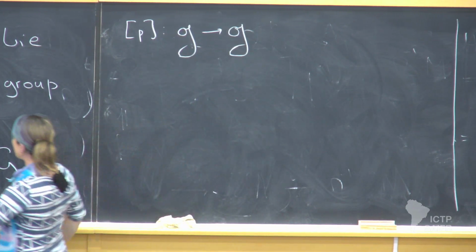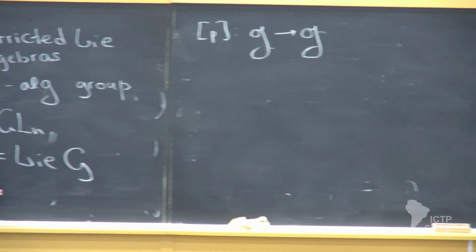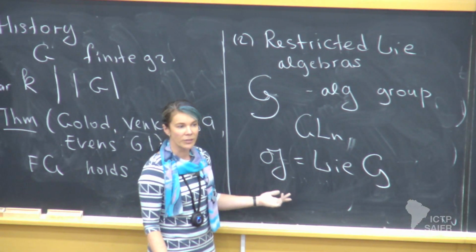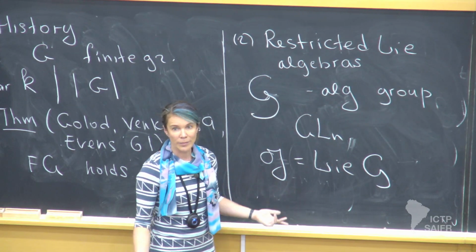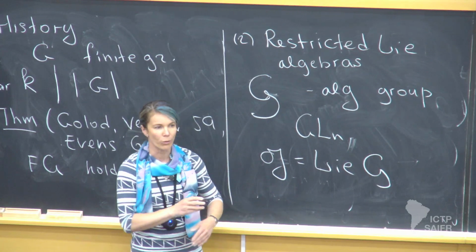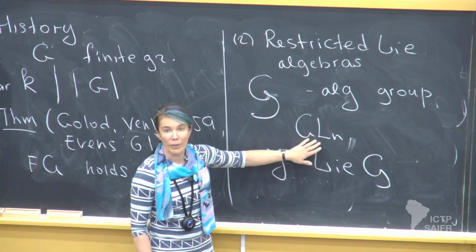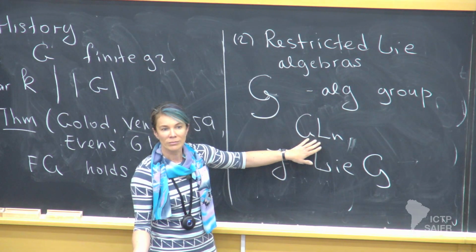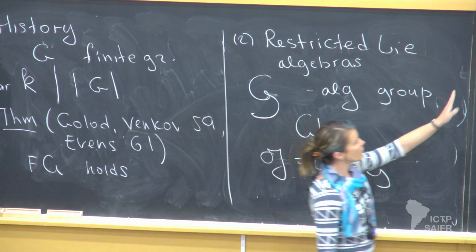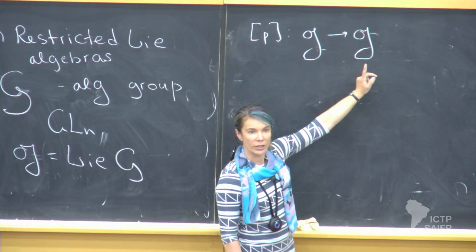It can be defined axiomatically, but basically it tells you that if you have a left invariant derivation and you take the p-th iteration of it, it's a left invariant derivation again. And that's because we're in characteristic p. You're going to take your Newton-Leibniz formula and everything will cancel out. If you're in GL_n, all you're doing is taking your matrix to the p-th power. And this brings you back into your Lie algebra. So it's an internal operation.